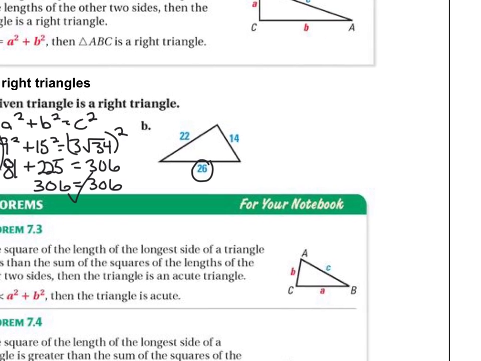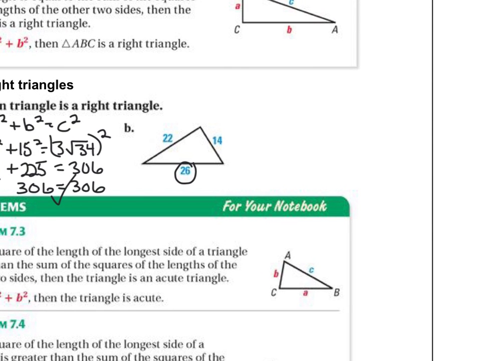Okay, let's try that with example B. Again, a squared plus b squared equals c squared. Again, if we don't know which one is c, it's always the largest number. The hypotenuse has to be the largest number.